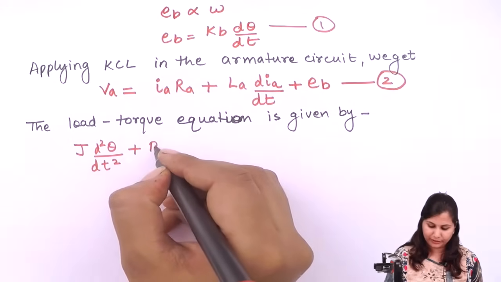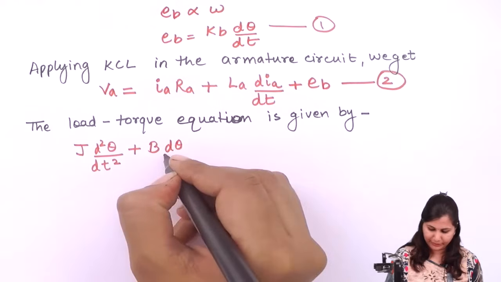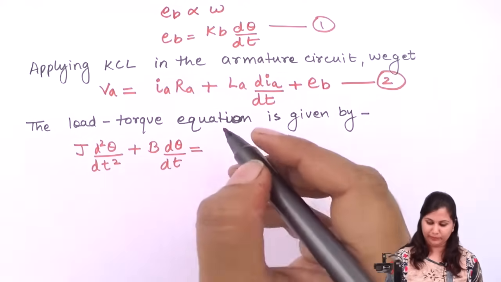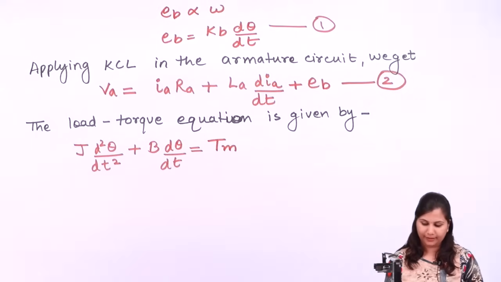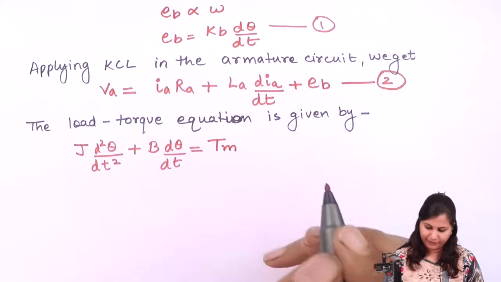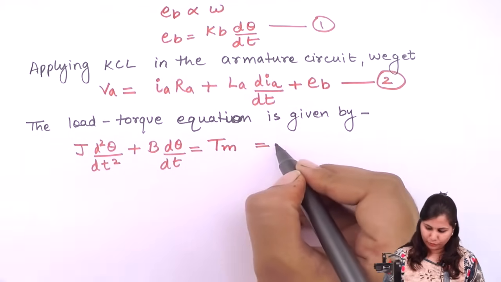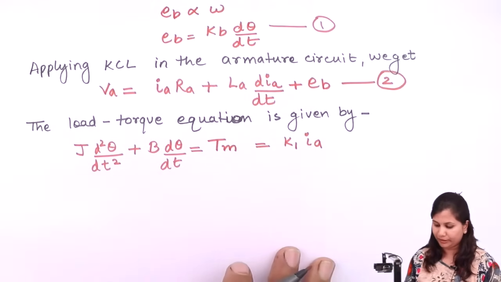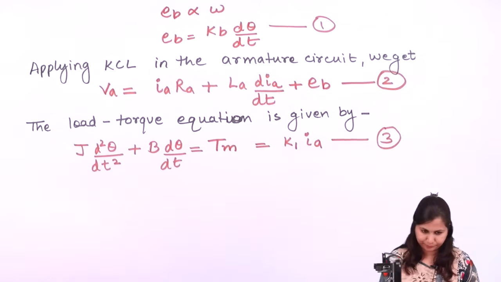Now we have the damper, that is B, so due to it we will have B d theta by dt, and this whole force will be equal to the torque induced in the circuit. So we have Tm, we have already written that Tm is equal to K1IA, we have already derived it. So number this equation as 3.